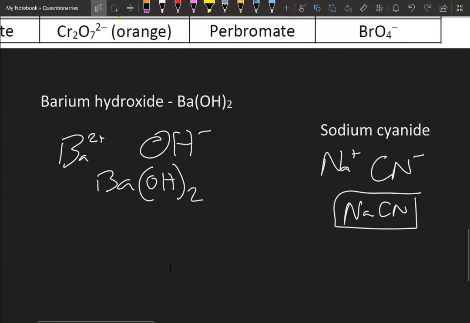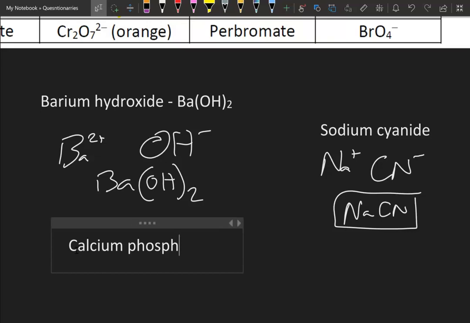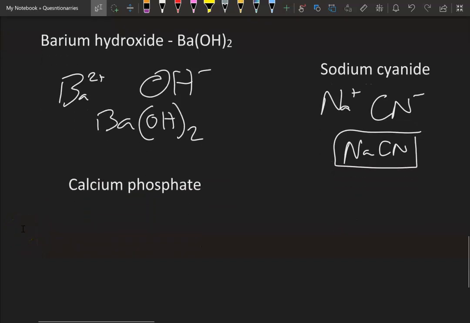Again, the same thing goes for this as what we did in the binary. You have to pay attention to the charges, and then you need to cross-check the charges to figure out how many of each element, or polyatomic ions, should be present. A good example would be calcium phosphate, where calcium is +2 and the phosphate has a -3 charge.